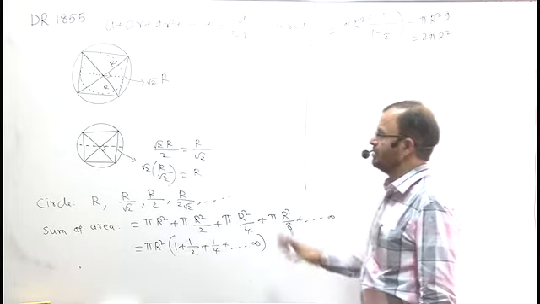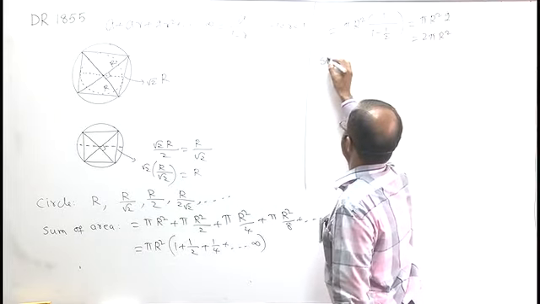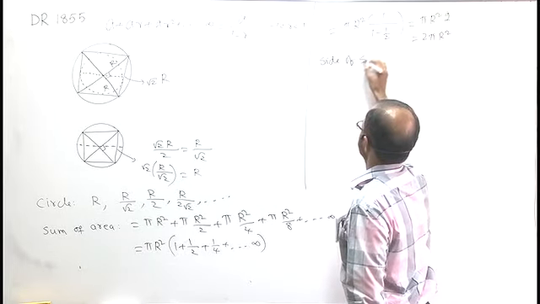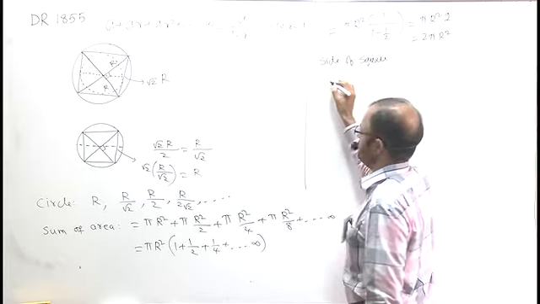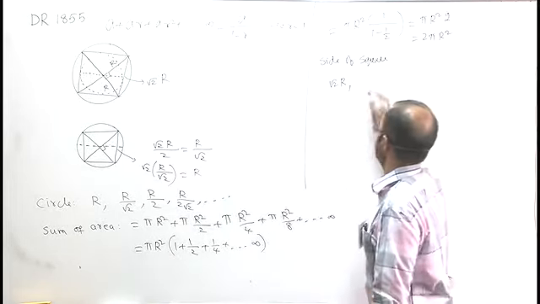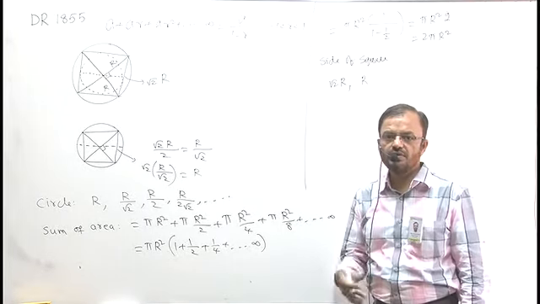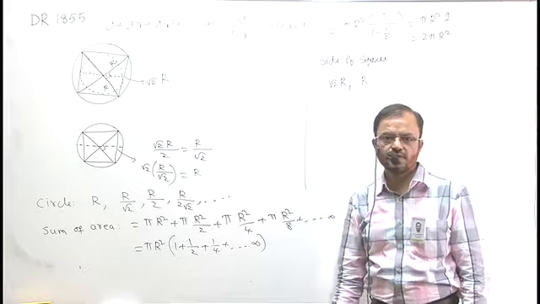Now let us come to the squares. The side of the first square is root 2 r. The second square, that is r. I have to see what will be the side of the third square.